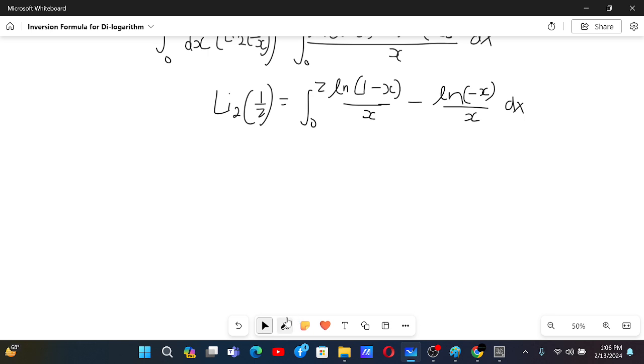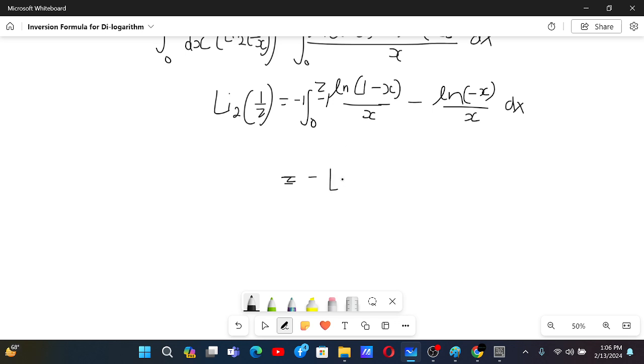Now we know that if there is a minus sign over here, there is a minus over here as well. Now this is just the definition of li2 for z.